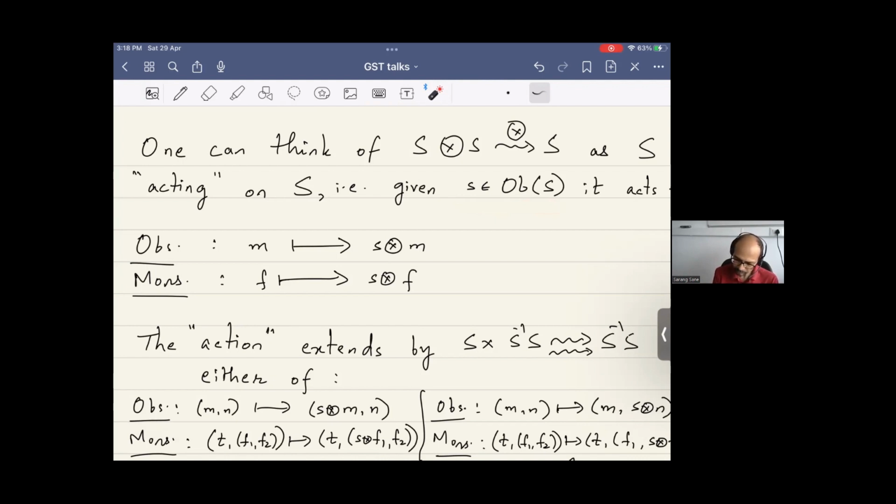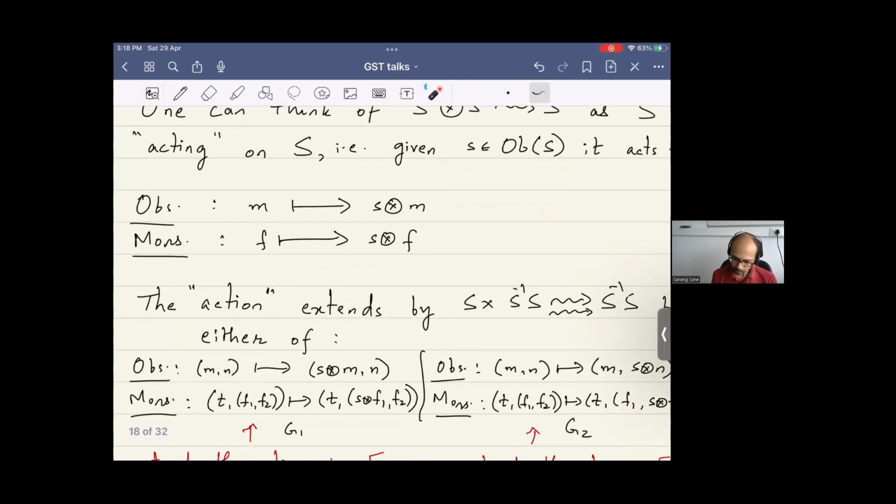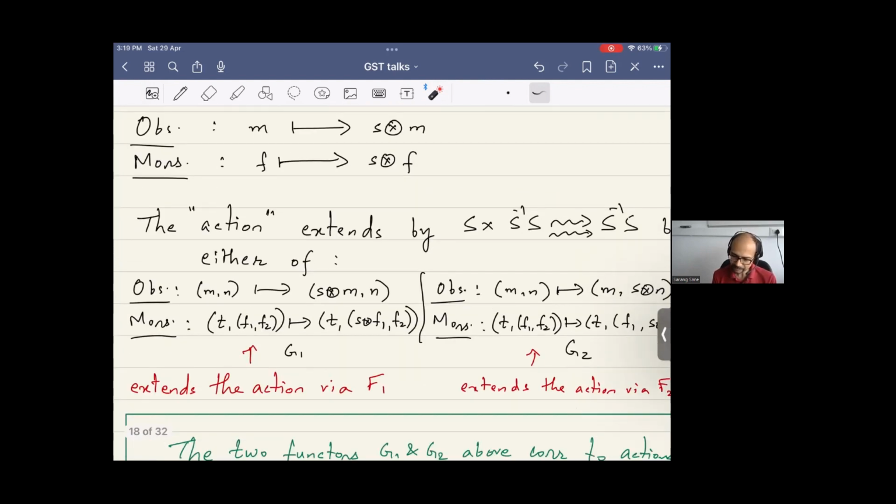So M goes to s tensor M for objects, and F goes to s tensor F for morphisms. This gives you a functor, and you can extend this action to S acting on S inverse S.